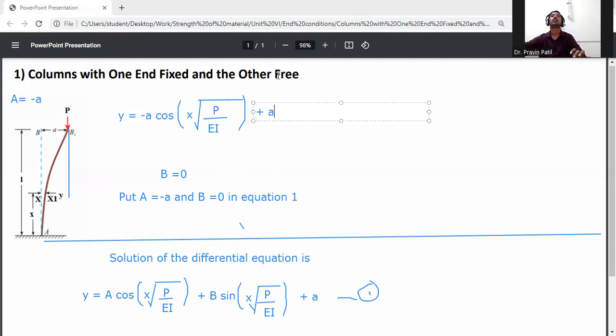Okay, plus a. So simplify this equation.